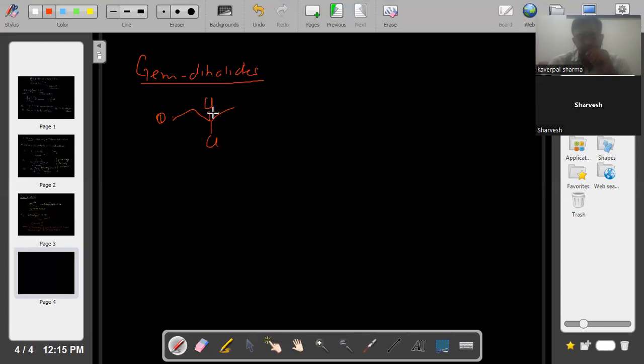And halogens should be the same kind. If you put Br for one, there should be the same. If here is Br, it is not a gem. Why, sir, is it not a gem?